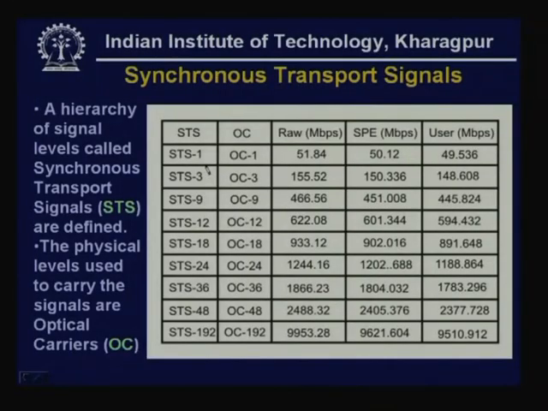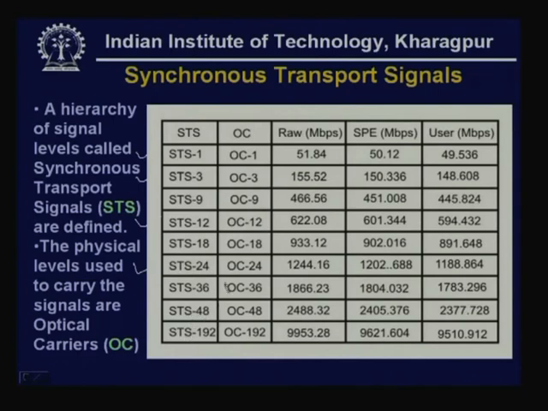Here, as you can see, you have STS1, which has raw bandwidth of 51.84 megabits per second, STS3, which is 3 times of that, has got 155.52, and up to STS192. However, STS1, STS3, STS12 and STS24, these 4 are the most popular hierarchical levels commonly used.